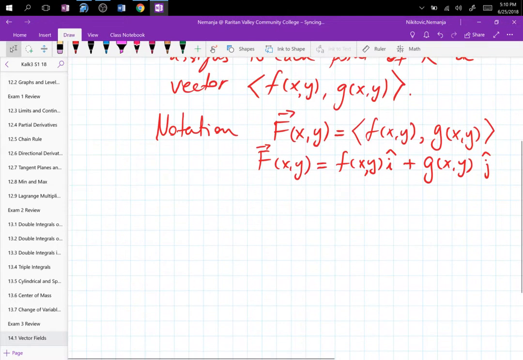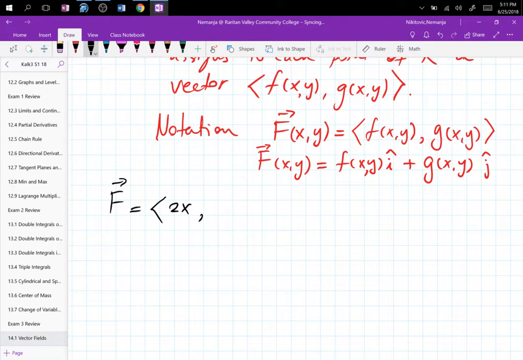So now to understand this, if I come up with any kind of vector field, say I have 2x and then I have 3x minus y, let's say this is the vector field. Don't let this x and y confuse you: your first location in here is the function f and your second location is the function g.